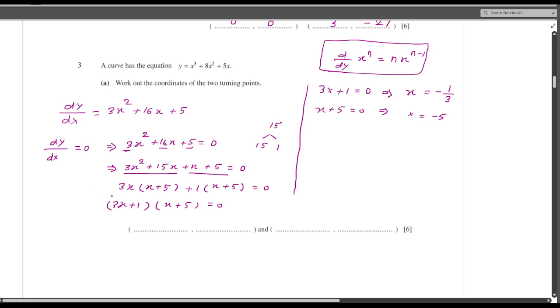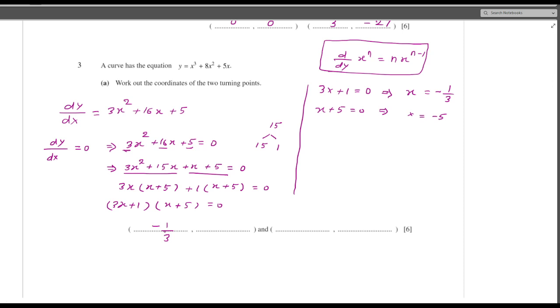Now if I use x as minus 1 by 3 and find y, it is minus 1 divided by 3 the whole cubed, plus 8 times minus 1 divided by 3 squared, plus 5 into minus 1 divided by 3.